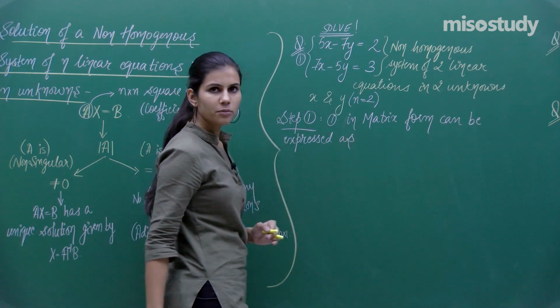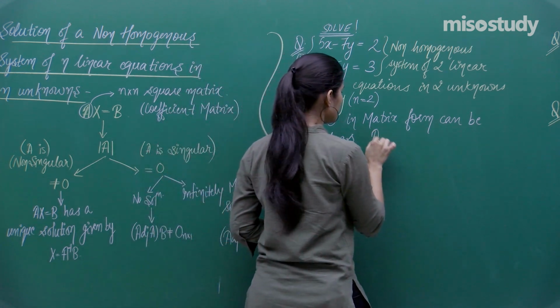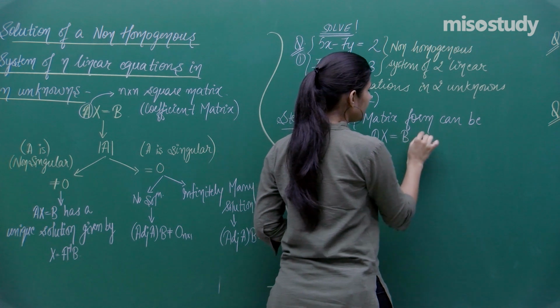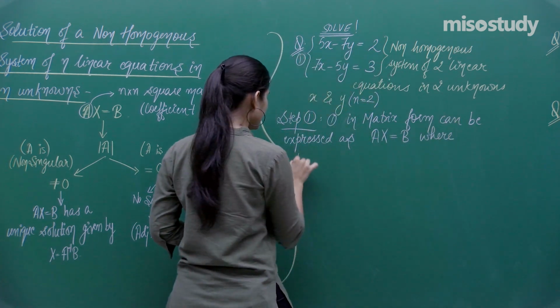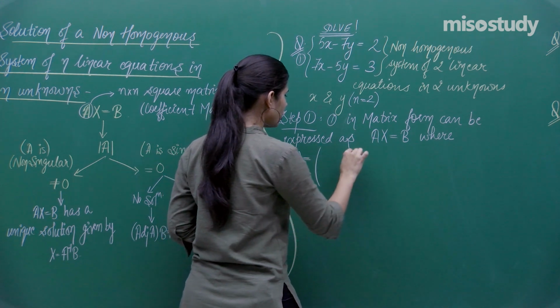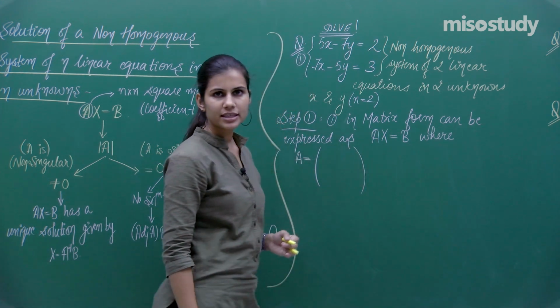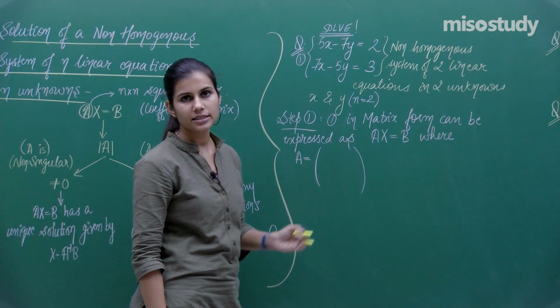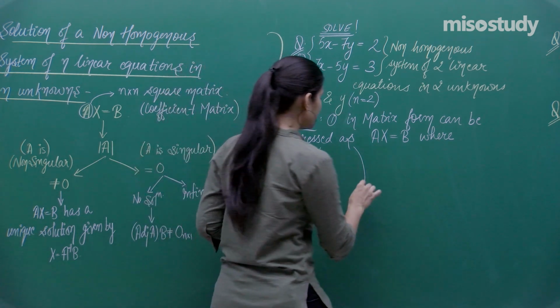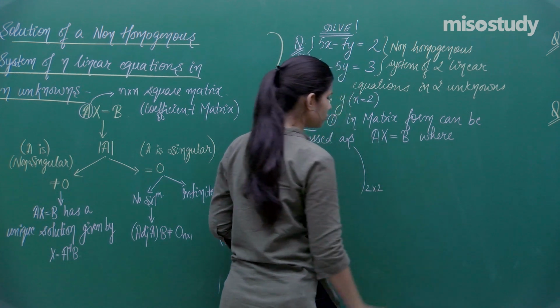1 in matrix form can be expressed as Ax equals B, where A is the coefficient matrix. Of which order? The order of matrix A is n cross n, where the first n is the number of equations and the second n is the number of unknowns. Number of equations are 2, number of unknowns are 2.